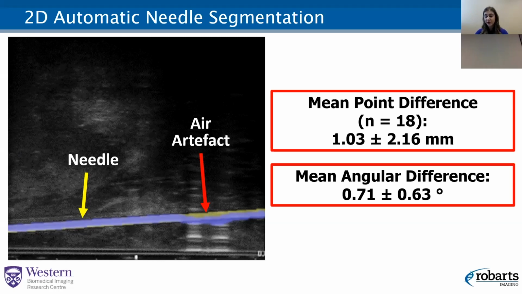Right now, the algorithm takes about 50 milliseconds per needle, and we're hoping to speed that up a little bit more to allow for real-time live segmentation in video streams to allow our clinicians to monitor those needle positions as they're inserting them.